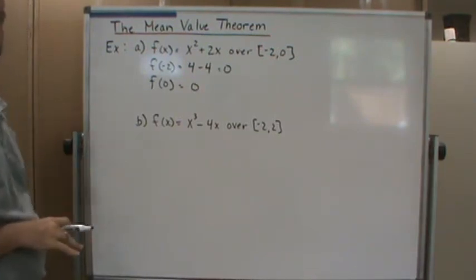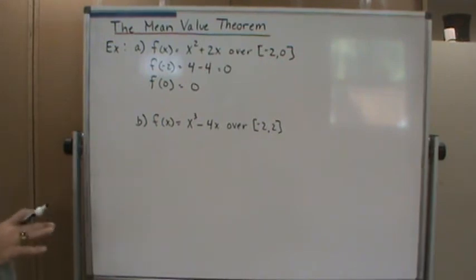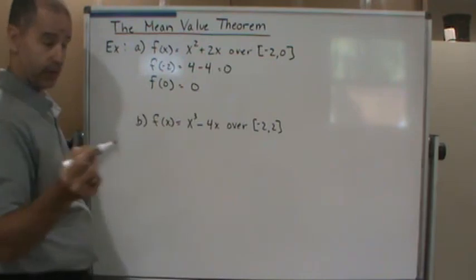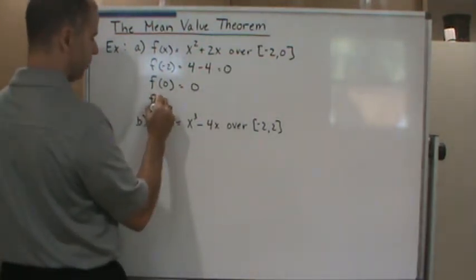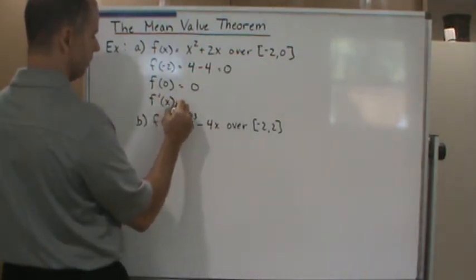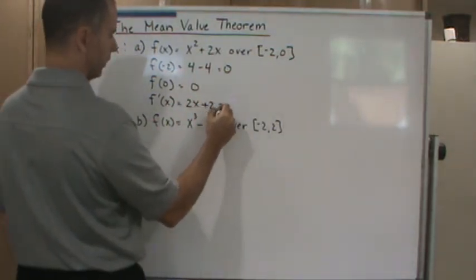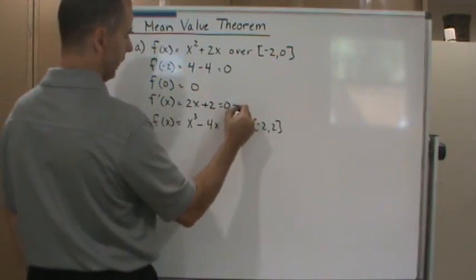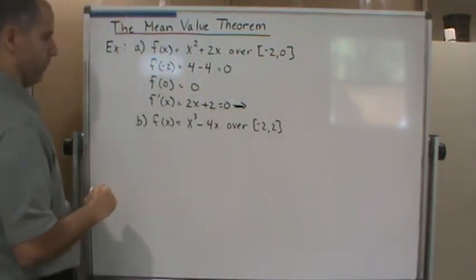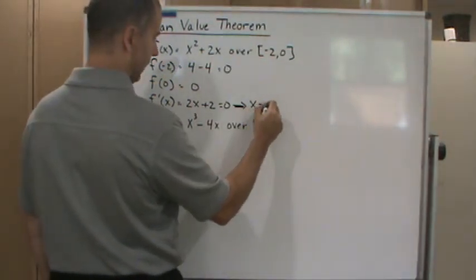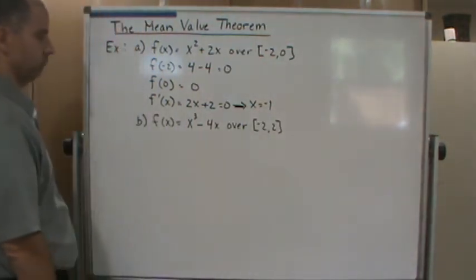Now what does Rolle's theorem say? There has to be at least one c over the interval where the derivative is equal to 0. How do we find that? We use the derivative function. So f prime of x is equal to 2x plus 2. We set that equal to 0, and that tells us that x is equal to negative 1.